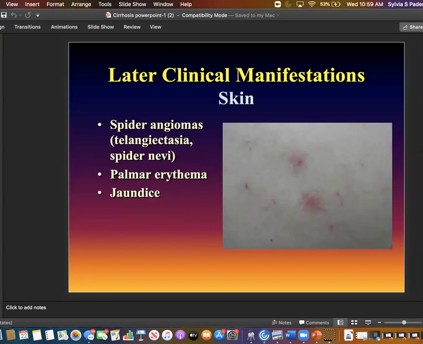And then the later manifestations, the patient will have spider angiomas, as seen here in this picture, and then palmar erythema and jaundice.